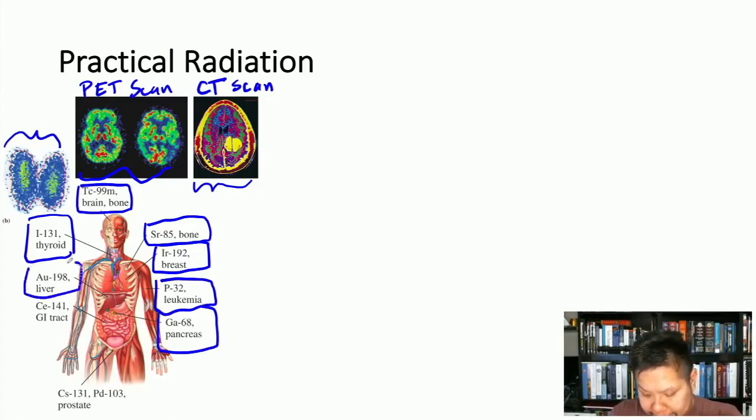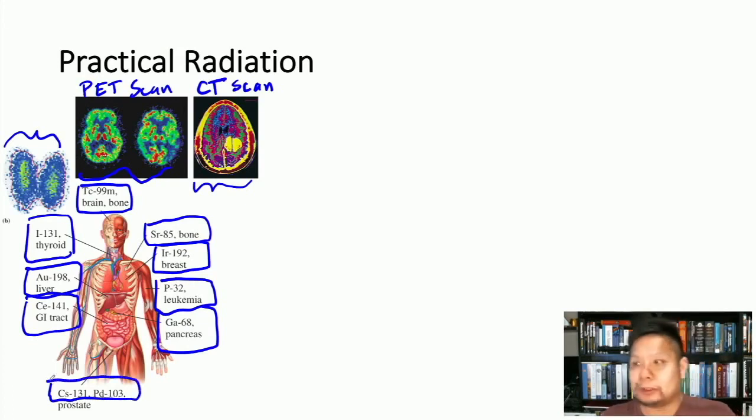Gold-198 can be used to examine the liver. Cerium-141, the lanthanide, can be used to examine the GI tract. And both cesium-131 and palladium-103 can be used to examine the prostate. So those are the multiple uses for radiation in medicine.